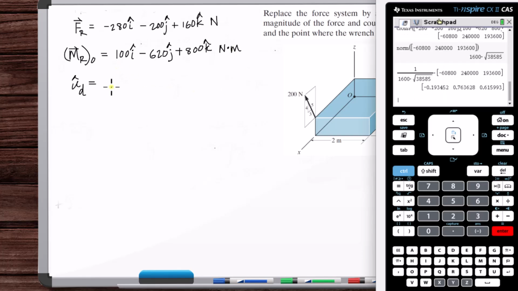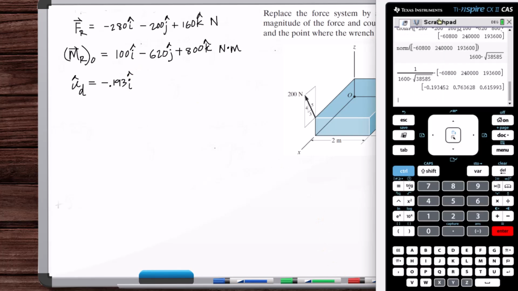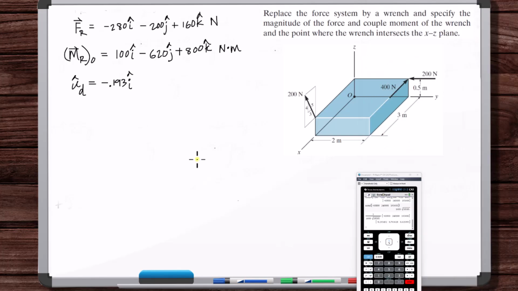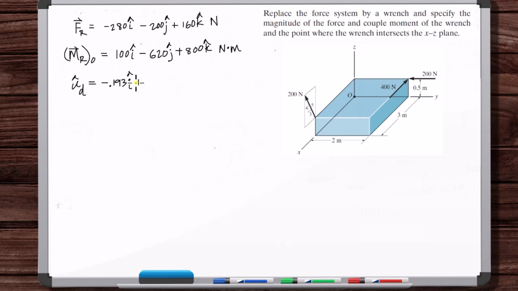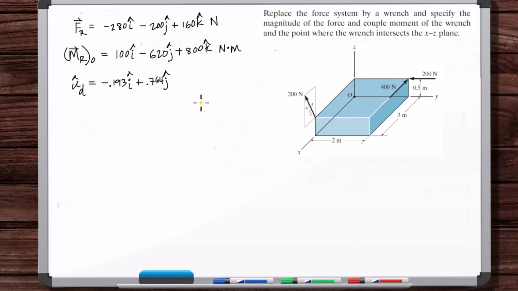Minus 0.193 i hat plus 0.764 j hat plus 0.616 k hat.